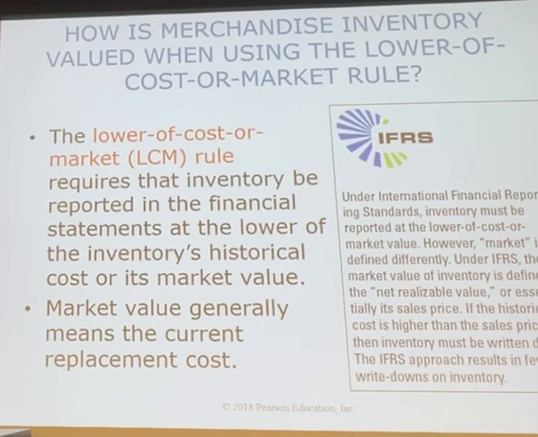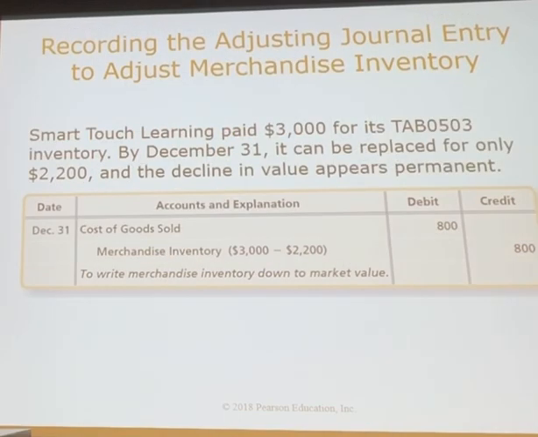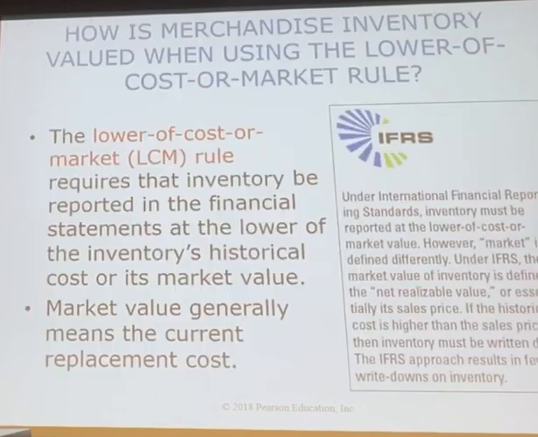So if you could go and buy that inventory over again today and pay less for it than what you paid historically for it, then you have to make an adjustment to bring it down to what today's cost of that inventory will be. This is an example of the principle of conservatism that we talked about at the beginning of the lecture.